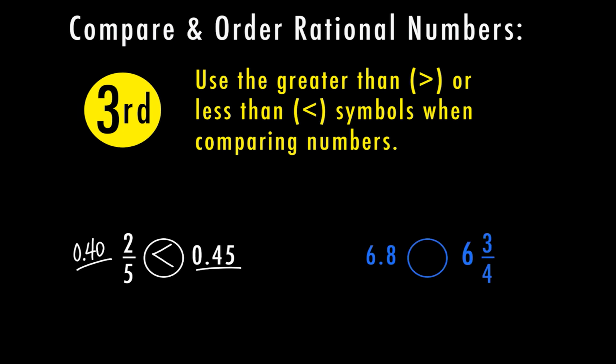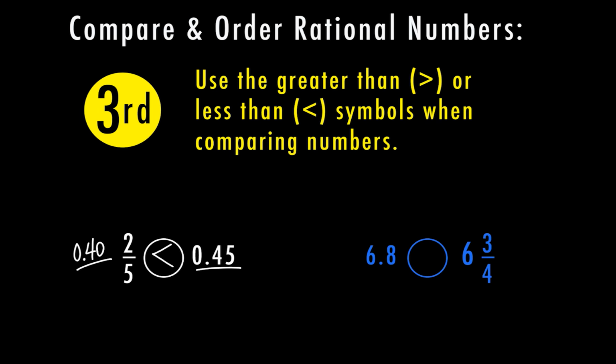For our second example, now we're comparing 6 and 8/10 to 6 and 3/4. So this is another very common one where fourths is in our denominator. So I can turn 3/4 very easily into a decimal. Now, the tricky part here is that when we change 3/4 to a decimal, 4 goes into 100 25 times. 3 times 25 is 75.